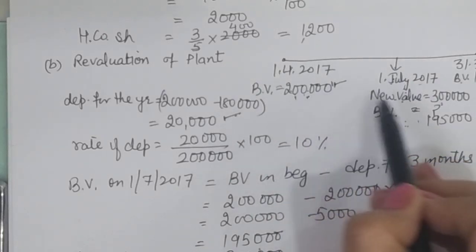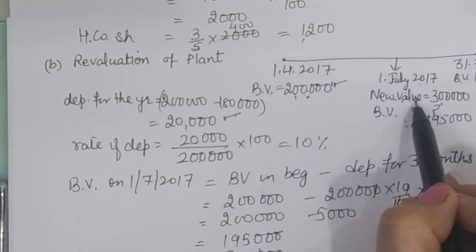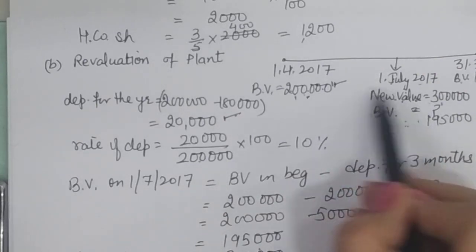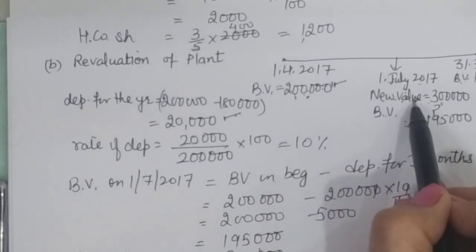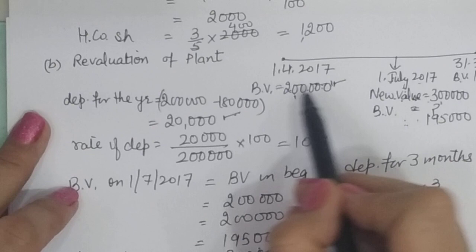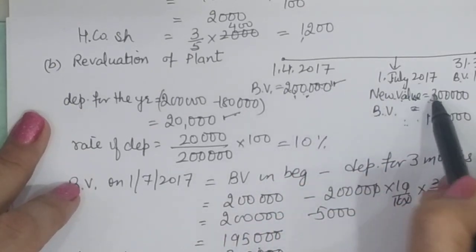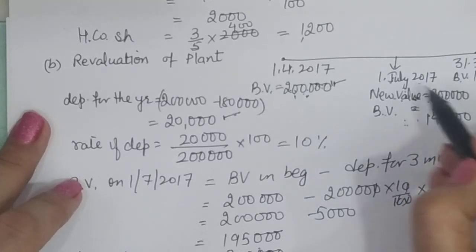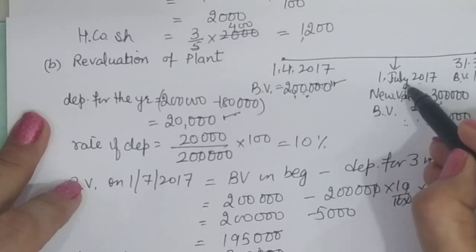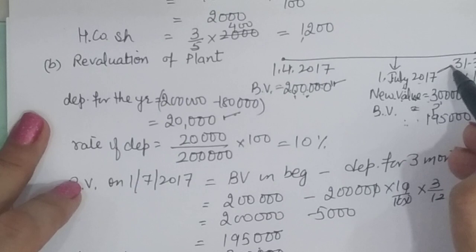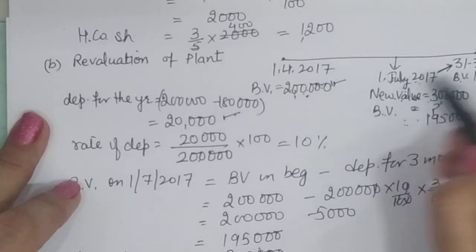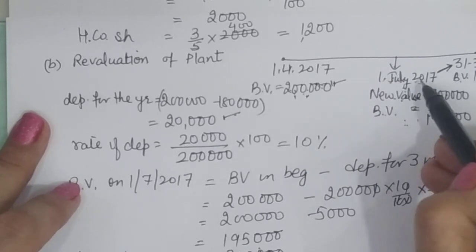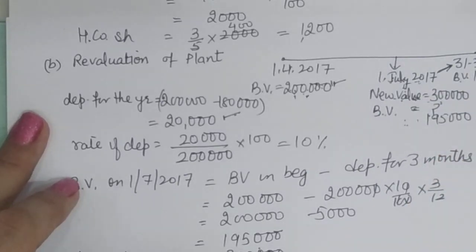So you need to charge more depreciation on extra 1 lakh that you are putting in the value. So more depreciation on this 1 lakh for how many months? Since the revaluation has taken place on 1st July, from this date onwards we need to charge more depreciation, which implies for these 9 months from 1st July to 31st of March.